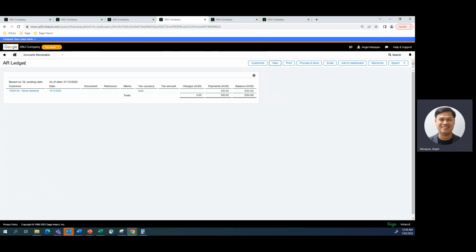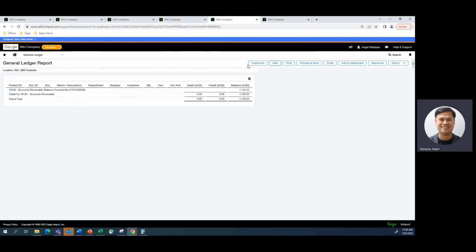However, when it comes to the AR ledger, it would consider the payment that we've done on or prior to the run date, which is the 31st of December. In fact, this one here is the 19th of December. So that's the only transaction that would be recorded in the AR ledger, a deduction to the accounts receivable in this case. That's why it's coming up as negative 550.